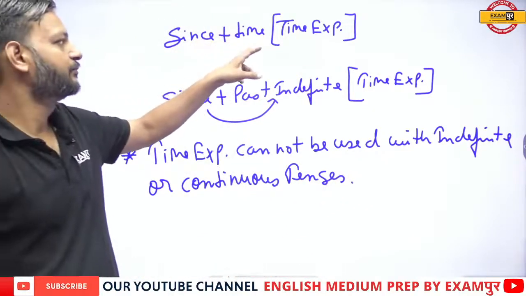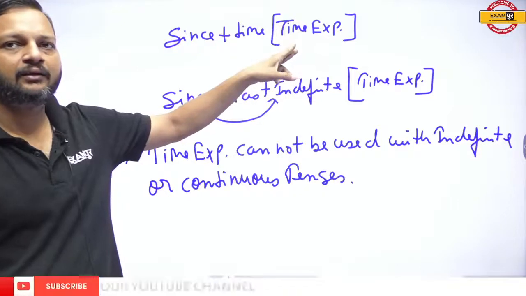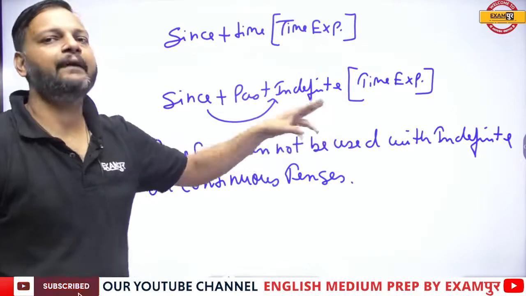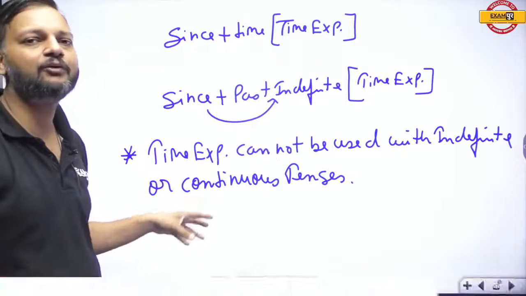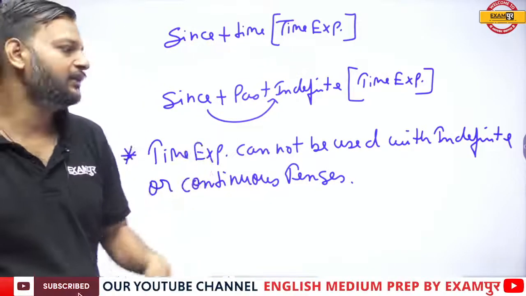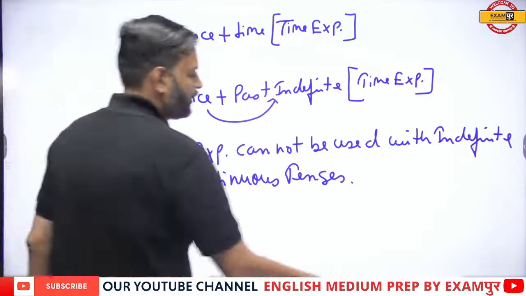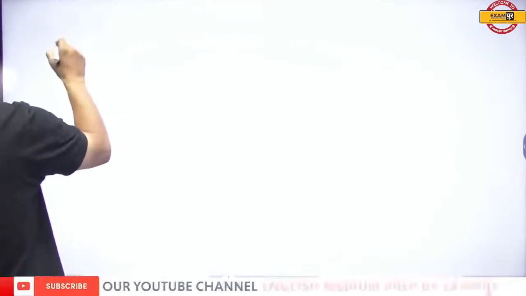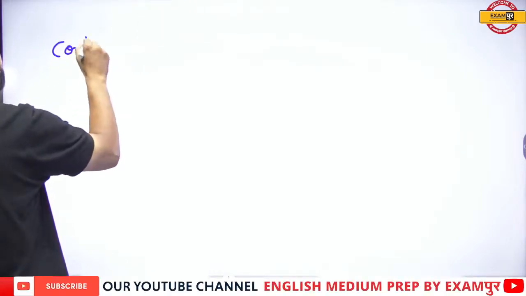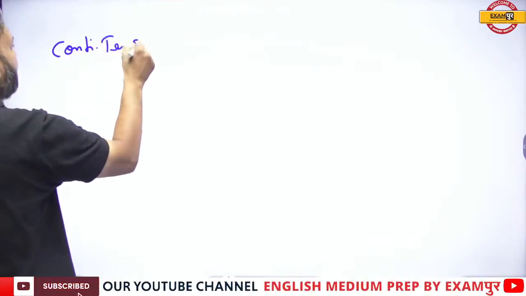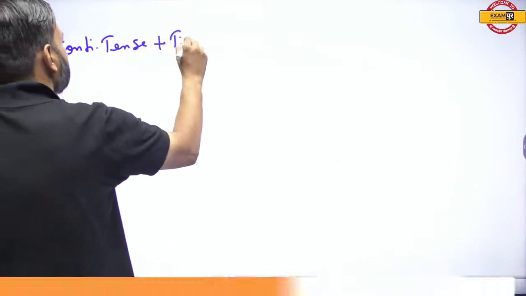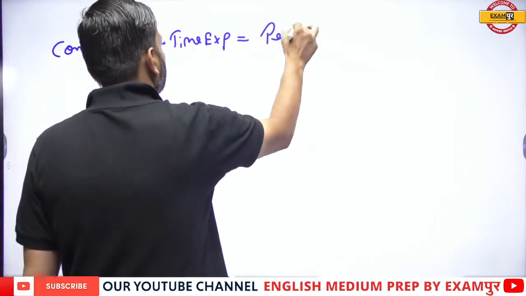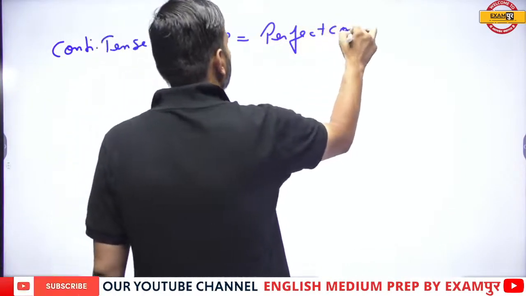Since plus time is a time expression. The same way, since plus past indefinite is also a time expression, and the time expression cannot be used in continuous and indefinite sentences. One more thing here: if a continuous tense has a time expression, it must be changed into perfect continuous.